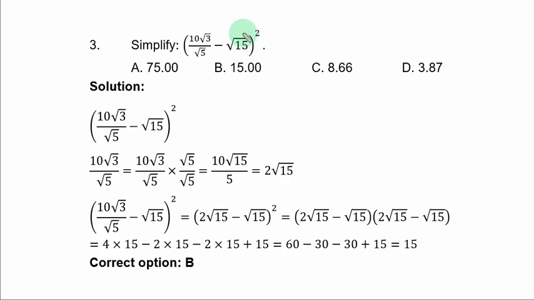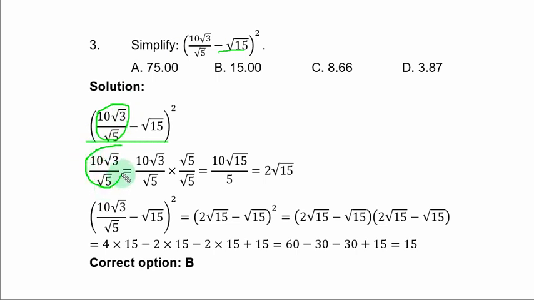Question 3. Simplify, bracket open, 10 root 3 over root 5 minus root 15, bracket close, squared. So this is the given problem. Now let us try to simplify this term before we take the square. So we write that term out.